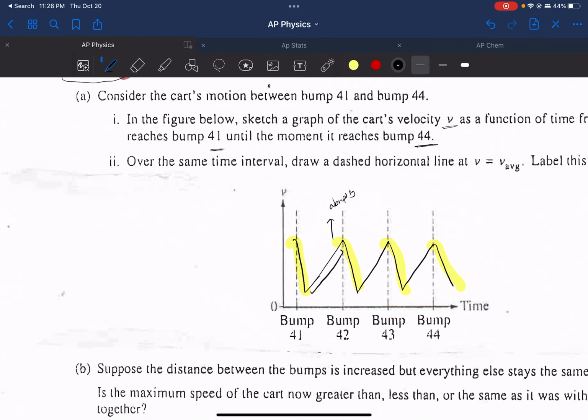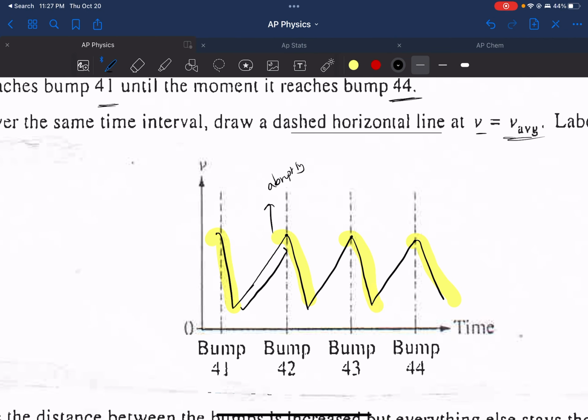Then it says, over the same time interval, draw a dashed horizontal line at v equals v average. So they're basically saying sketch the velocity. And they're telling you dashed horizontal, which literally tells you it's constant velocity, which means it's not going to look like this with dashes. It's going to be a dashed horizontal line.